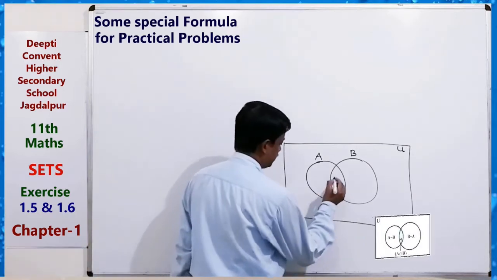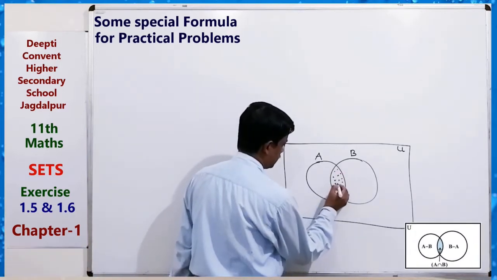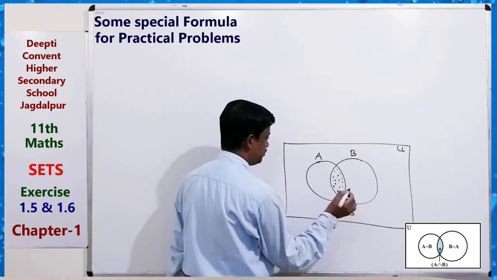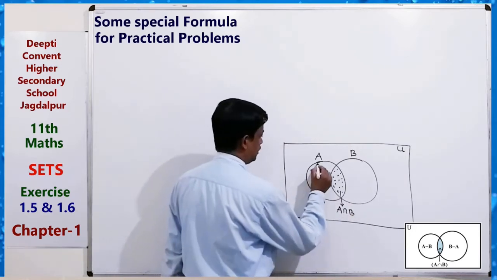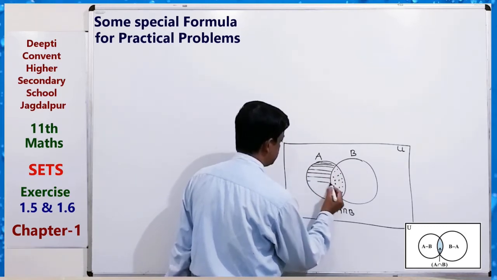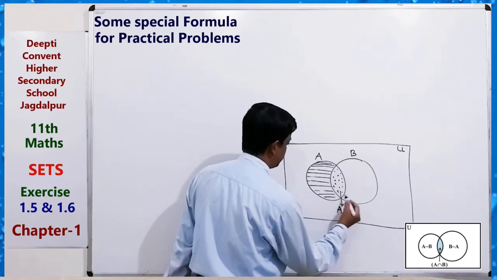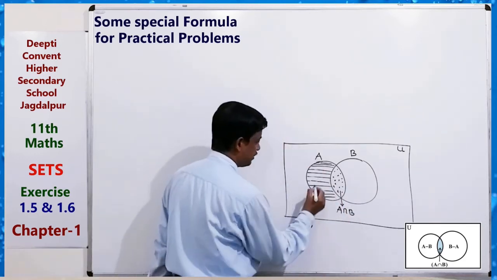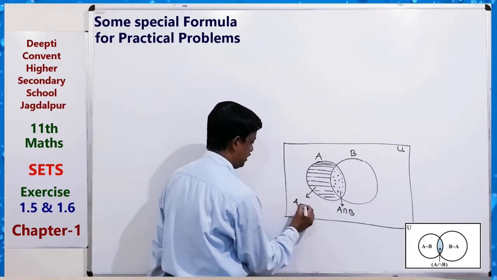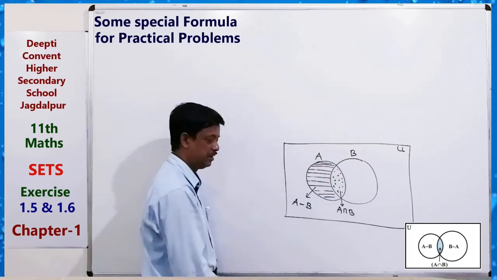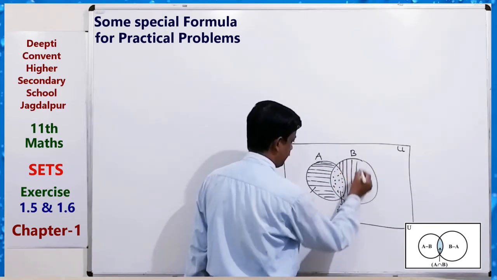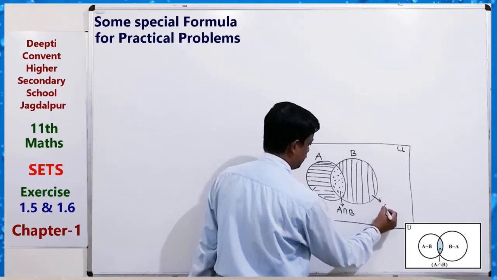Now, this portion is A intersection B. This part is A minus B. A, but not B. And this is B minus A.